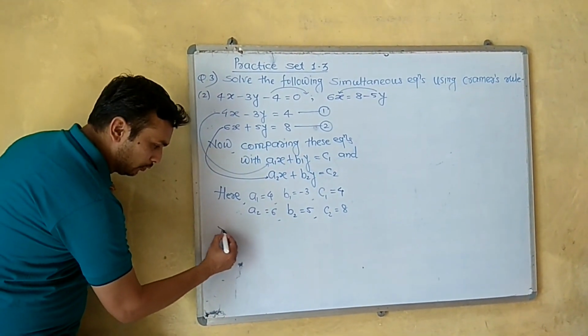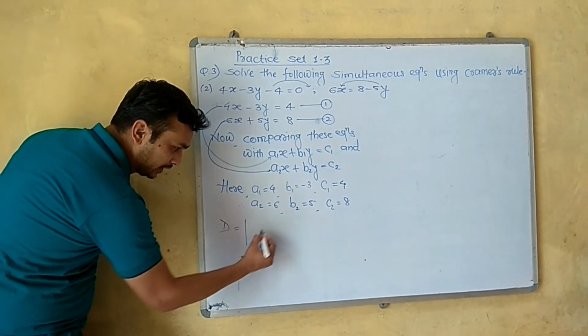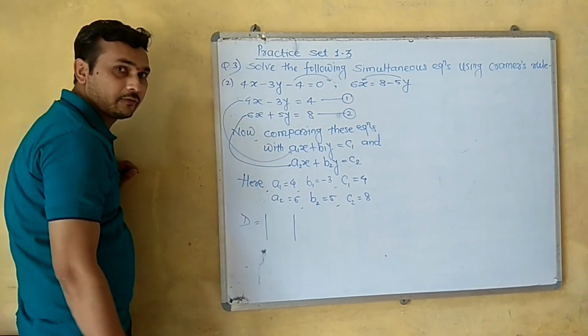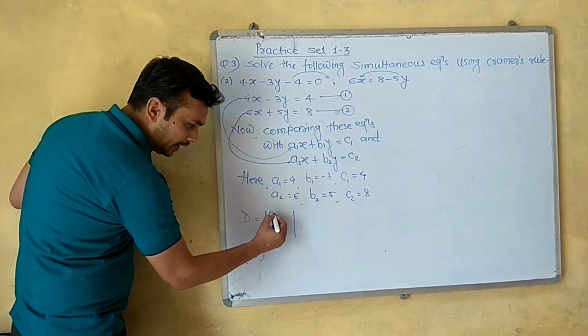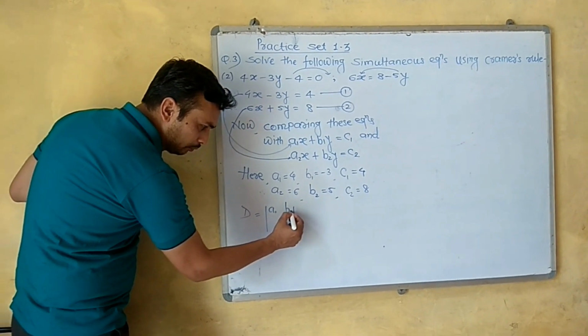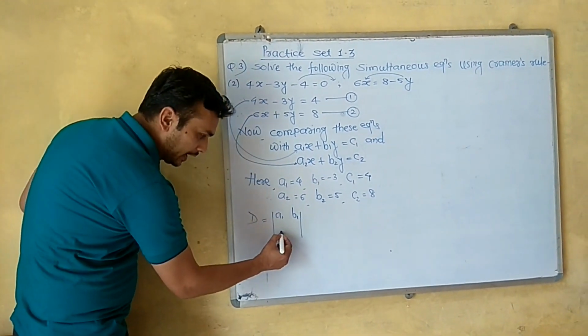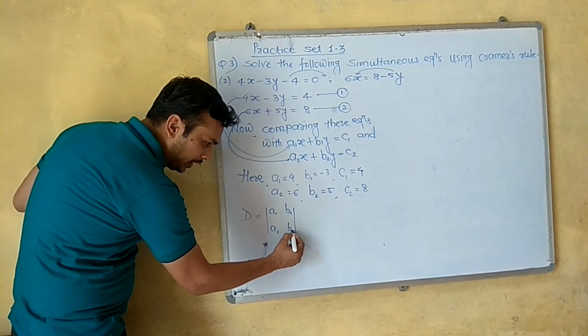Now D equals the determinant of a1, b1, a2, b2.